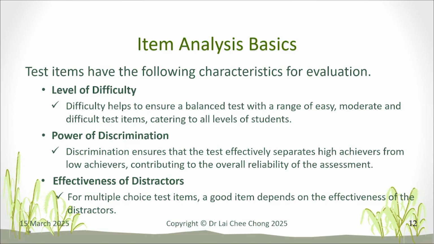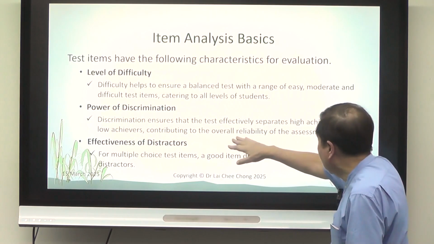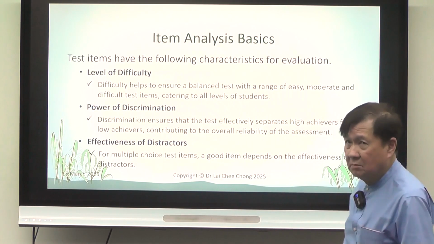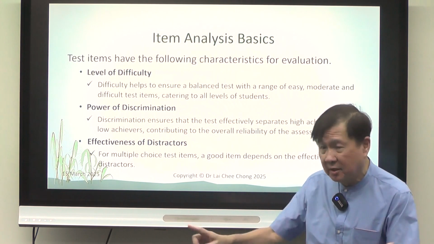So, can your test items discriminate between these two groups? Can they see the difference between these two groups of students? That's called the power of discrimination. In other words, can the test effectively separate high achievers from the low achievers? That will also contribute to the overall reliability of the assessment. The whole test item, can they differentiate it?